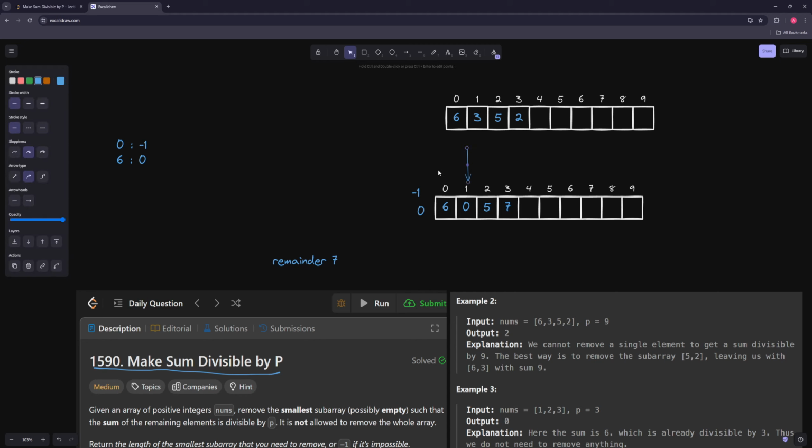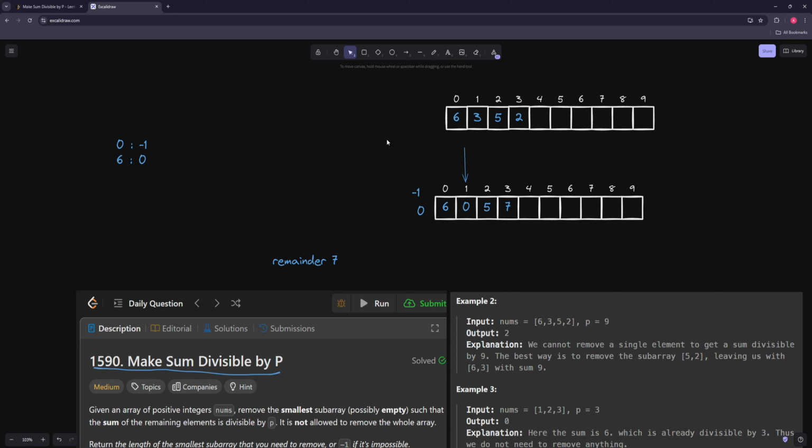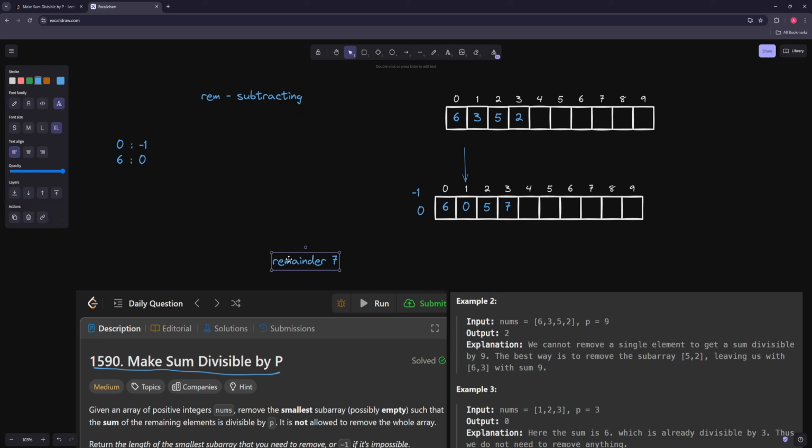Okay. So we have a 0. So if we have a 0, what remainder are we looking for? So remember, I guess we can write this down. The current remainder minus the thing we're subtracting, which is this. We want to get rid of something with remainder 7. So subtracting 7, plus p, just to make sure it's a positive number.